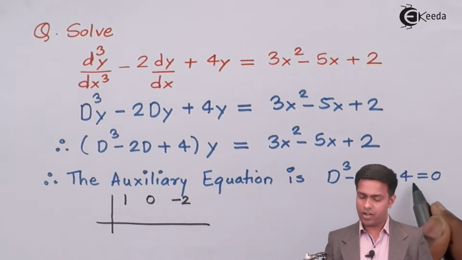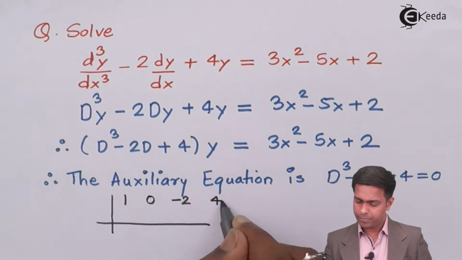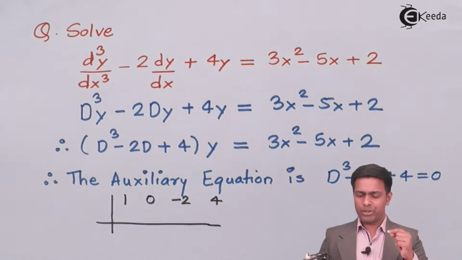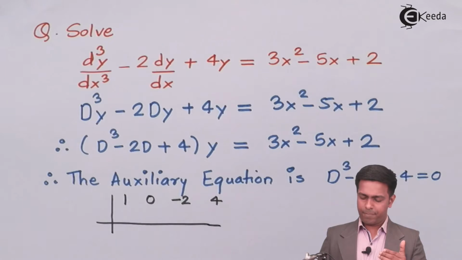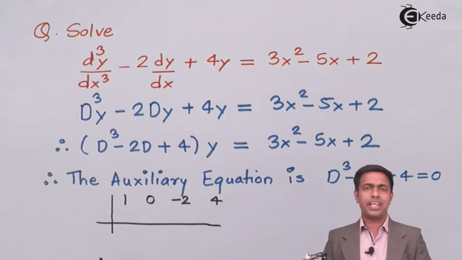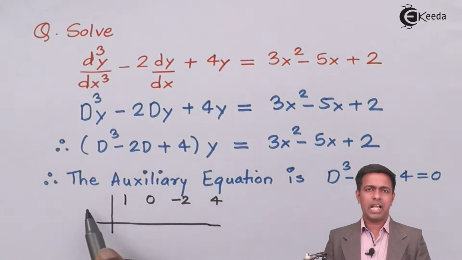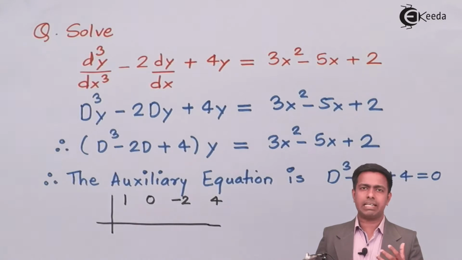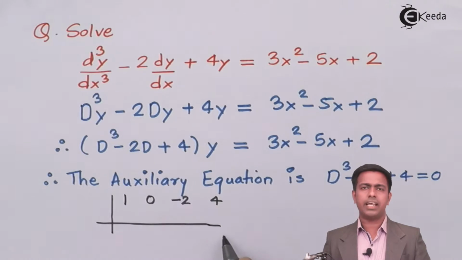And in the end we have the constant, that is 4. Now guys, according to this synthetic division method, we take the different roots over here and then we do a process of multiplication and addition continuously till we get 0 in the end.